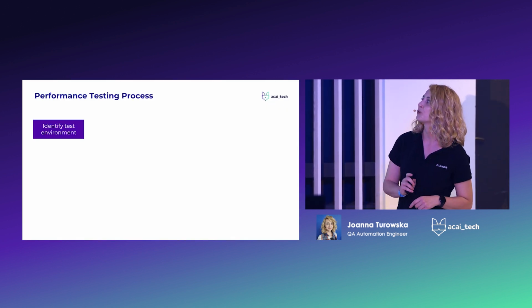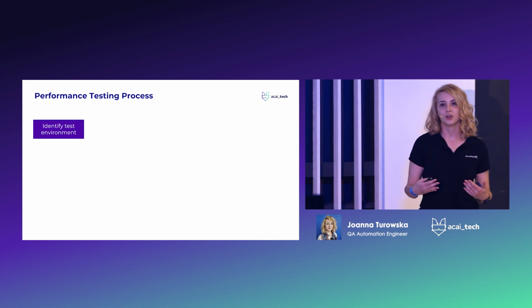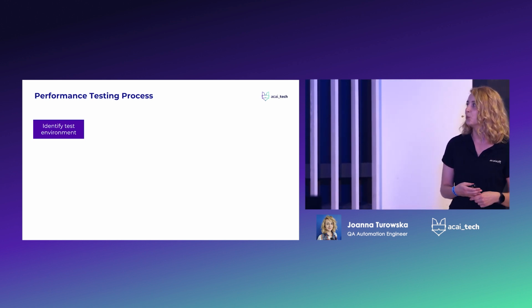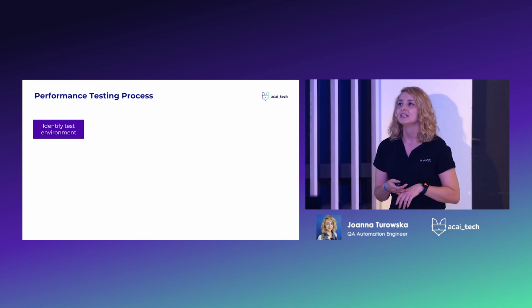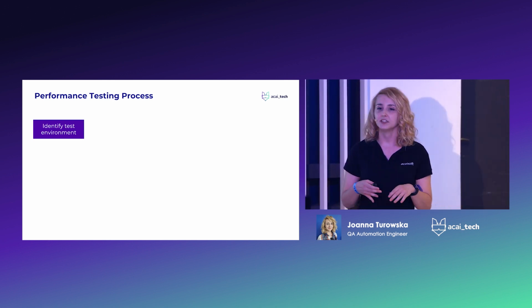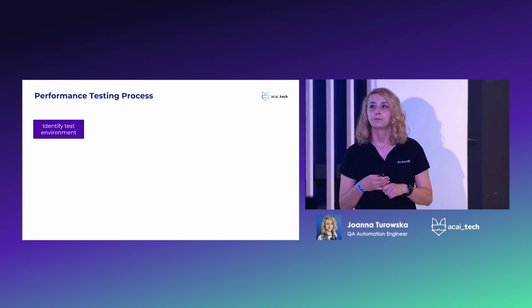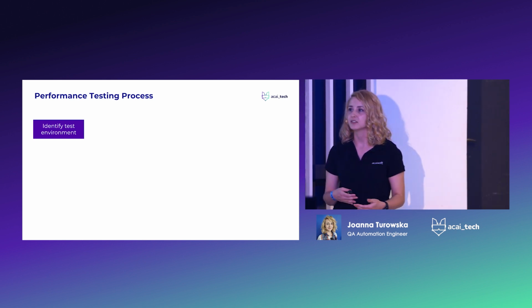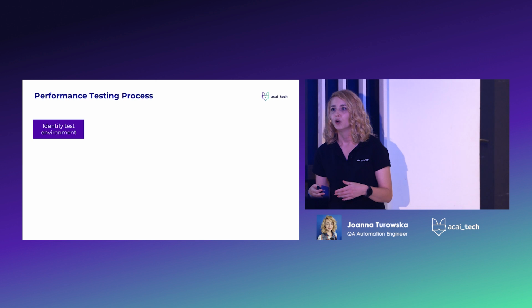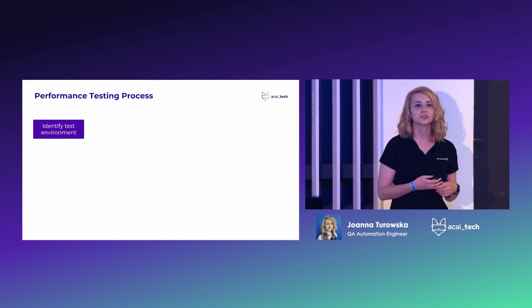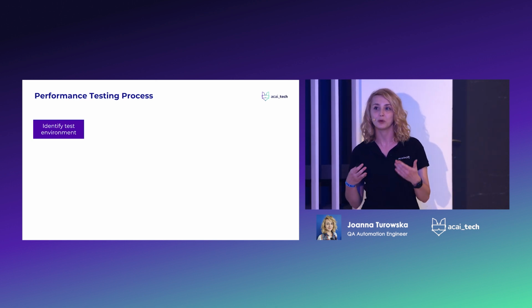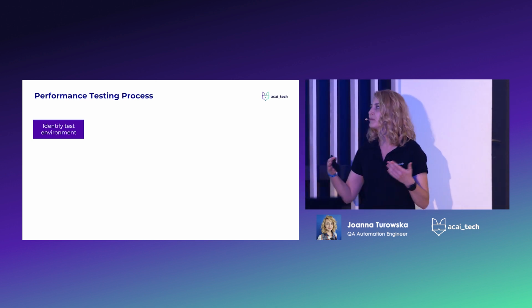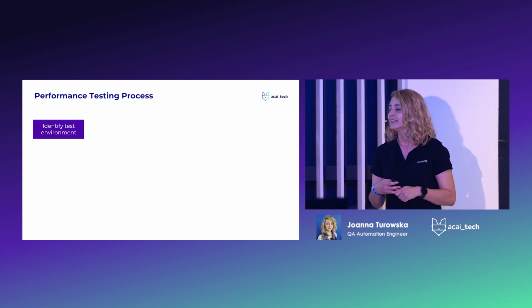Now let's go through the process of performance testing. What should be done step by step? The first thing to do is to identify the test environment. We need to know what we want to test and where we want to test it. We, of course, want to have a test environment that is as close as possible to the production, or the same as production environment.